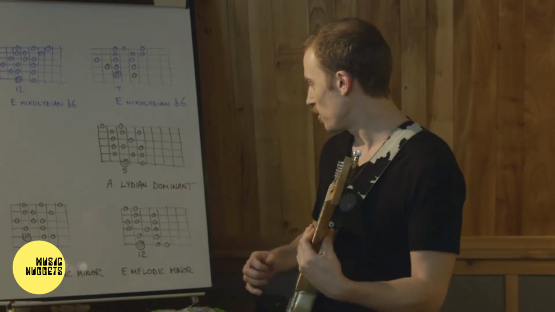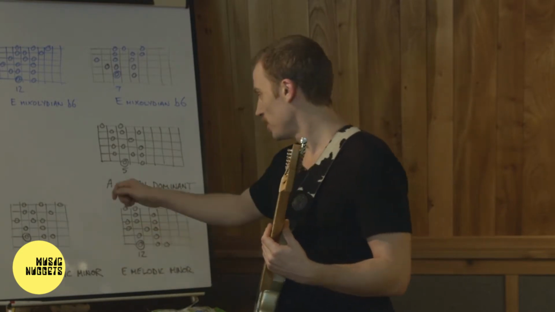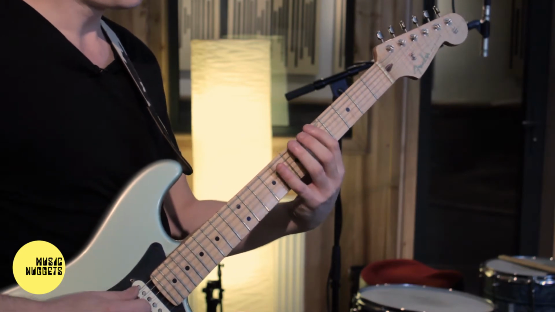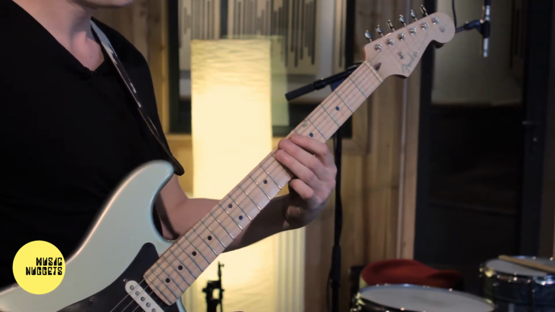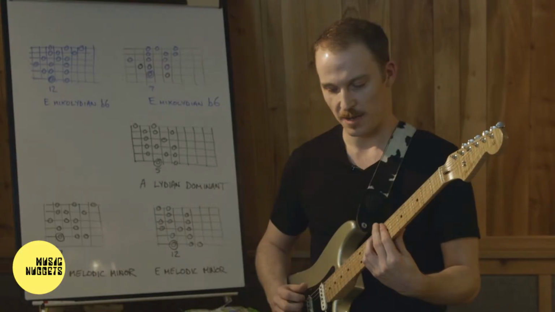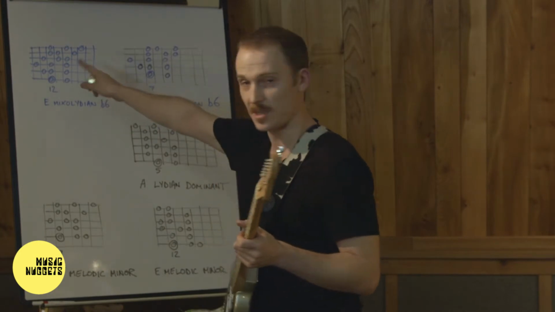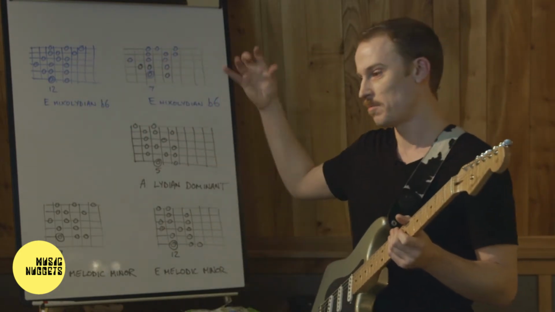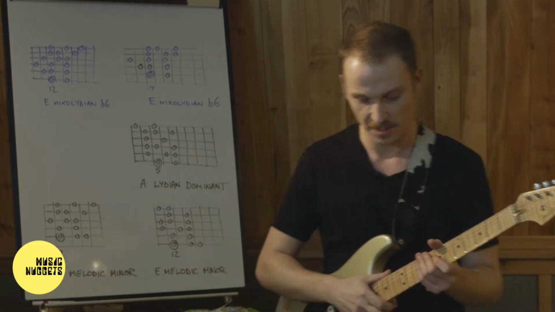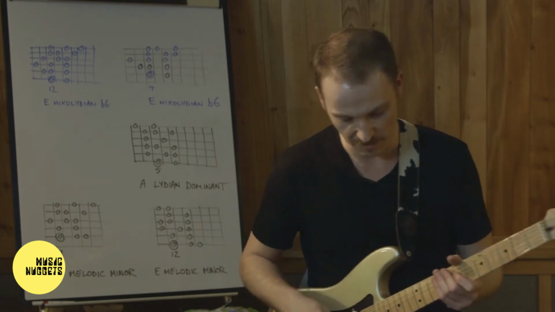So although we're using chords that are all from the key of not E melodic minor but A melodic minor, it feels like the 5th degree is home. And it just means that you can really go to town on this E Mixolydian flat 6 as a solo mechanism, as a melody mechanism when you're composing over the top of chord structures like this. So it's quite an interesting way to look at your Mixolydian flat 6 stuff.